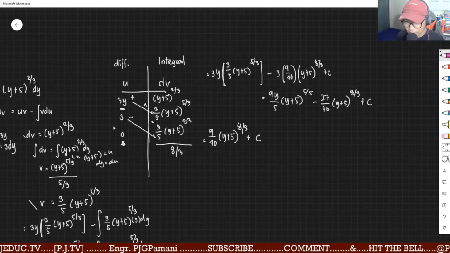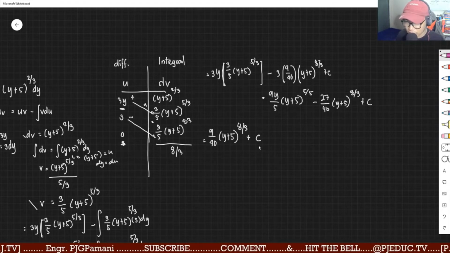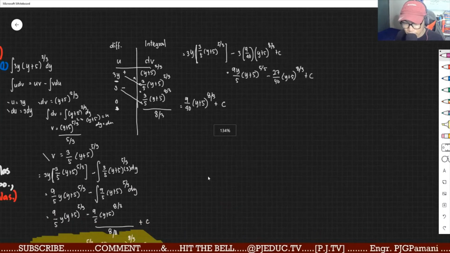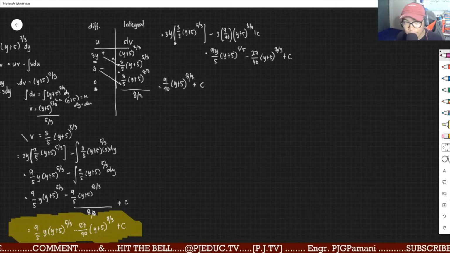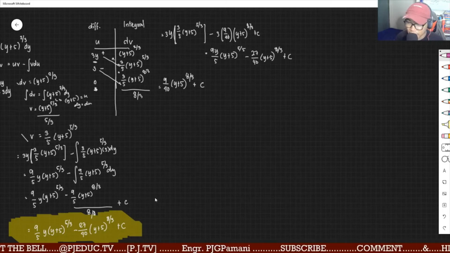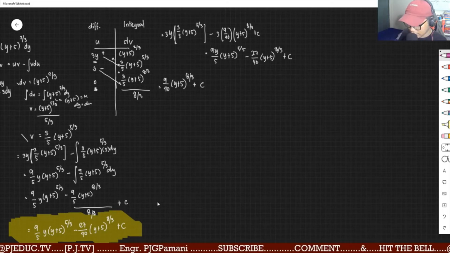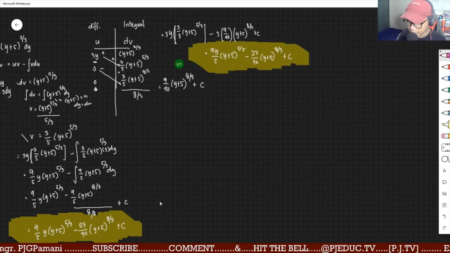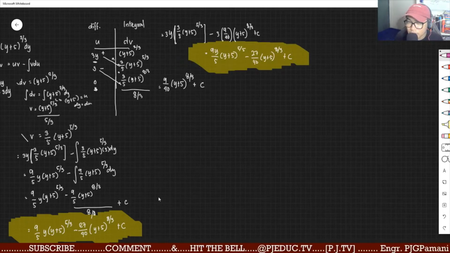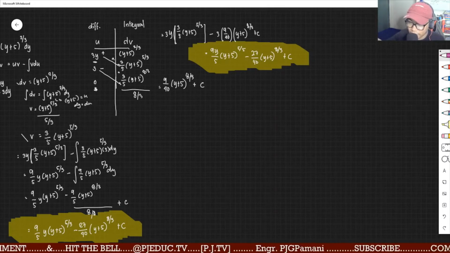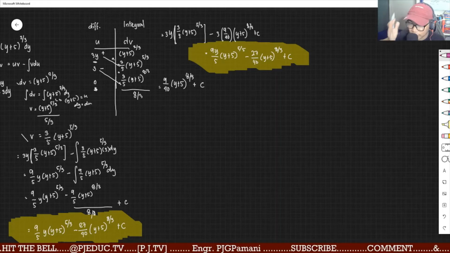Do not distribute it to your integration constant. So, we notice, is the answer the same? The same, right? So, which is better, the first method or the second method? What is more convenient for you?